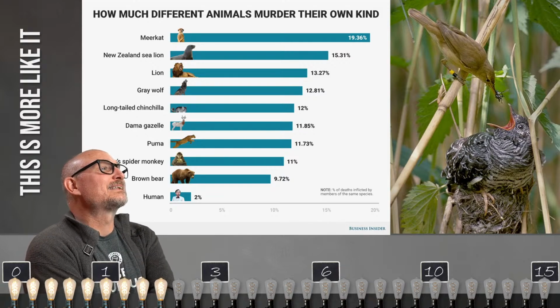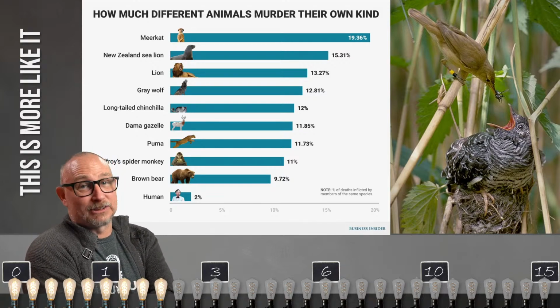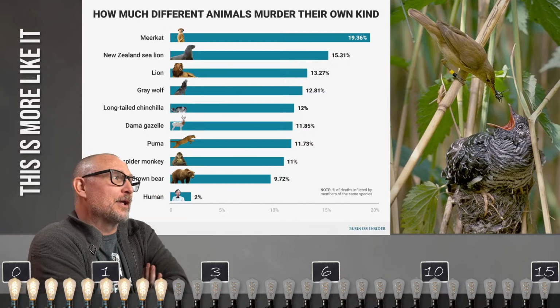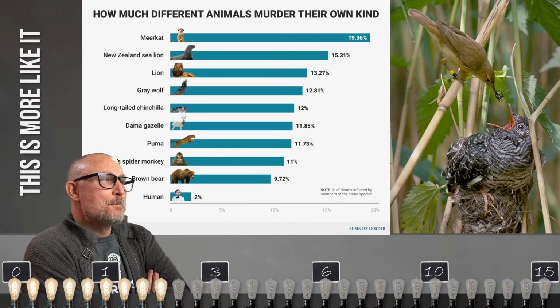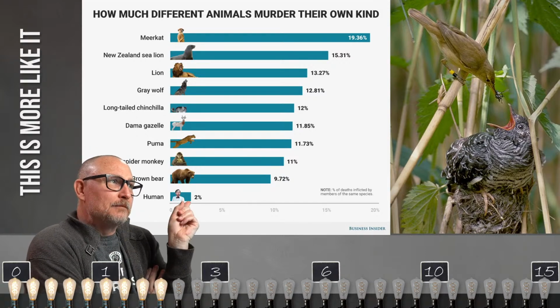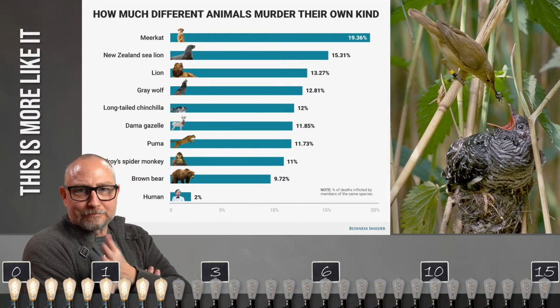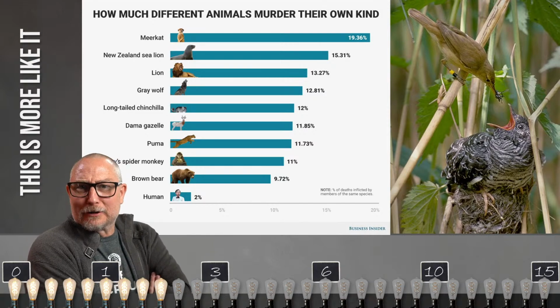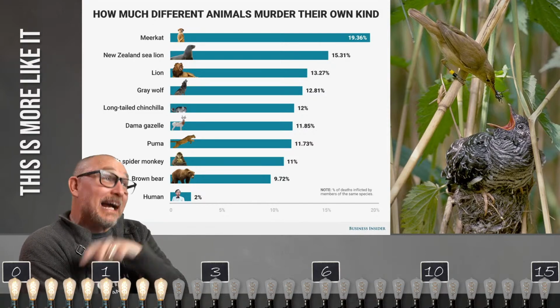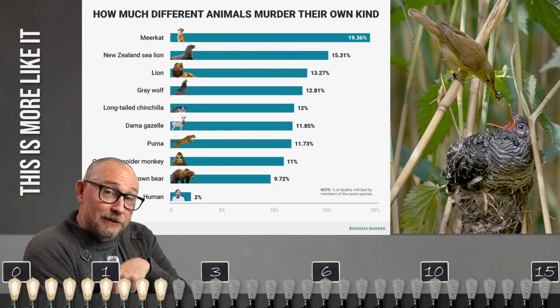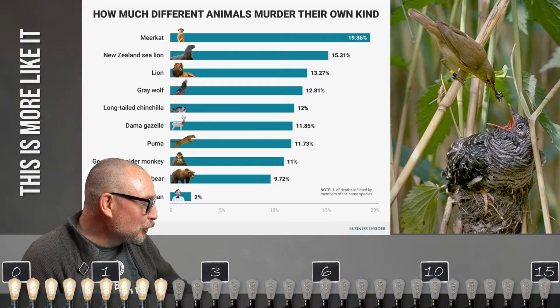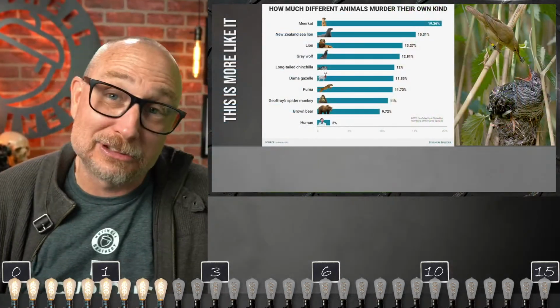New Zealand sea lions, oh my gosh. If a new male lion comes in, he decimates all the cubs, and so on and so forth. That picture over there is the cuckoo bird. Actually, the one in the nest is the cuckoo bird. Cuckoo birds are interesting.